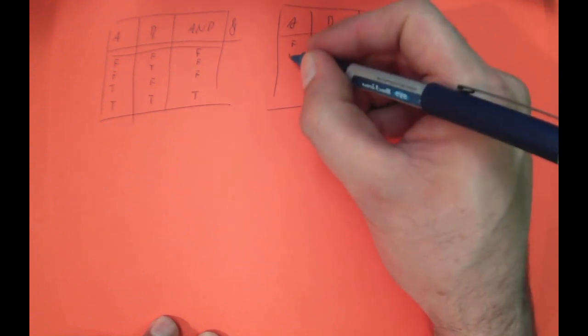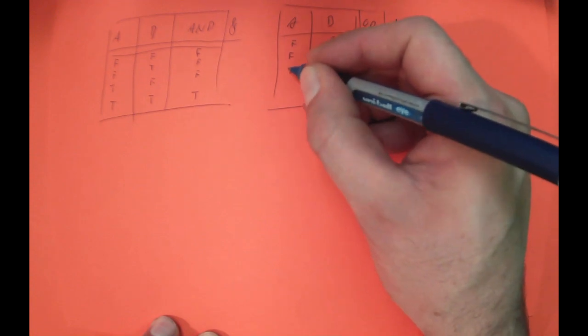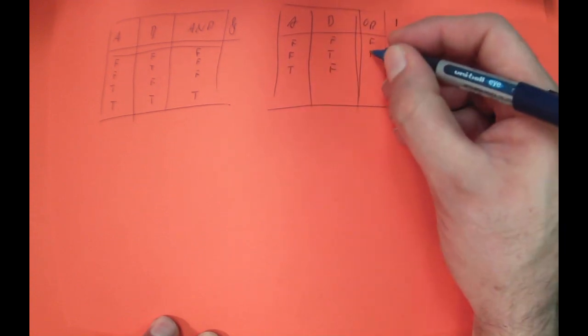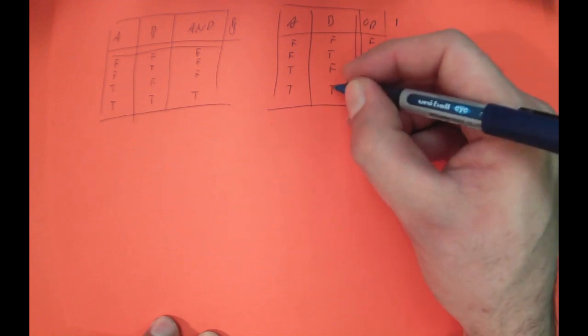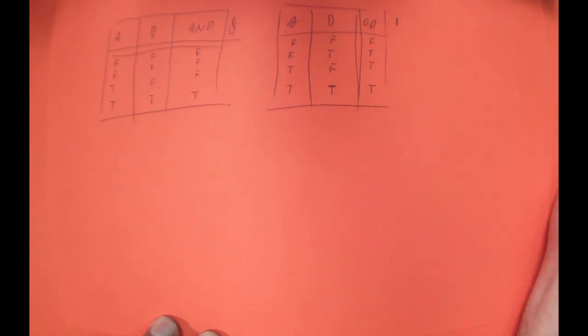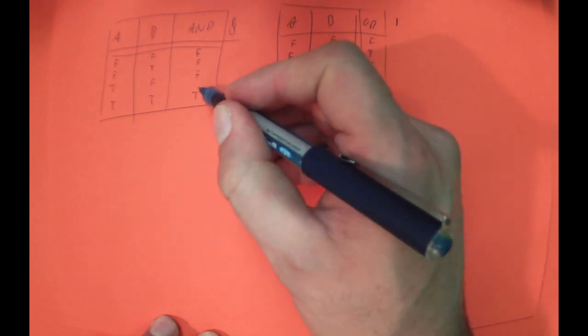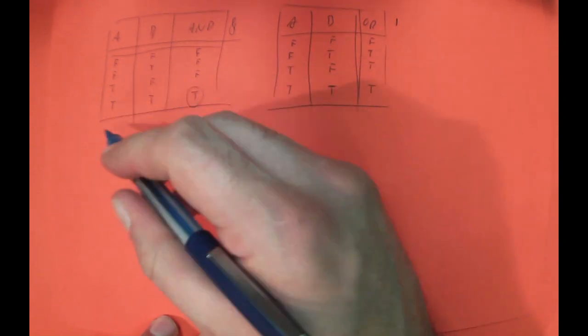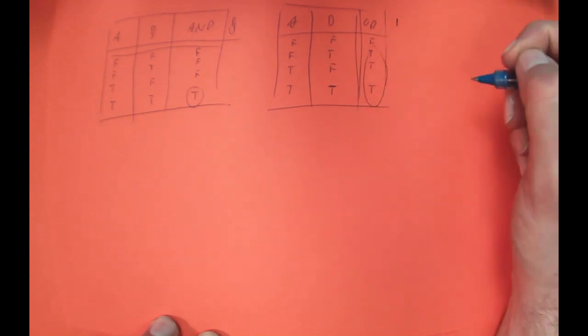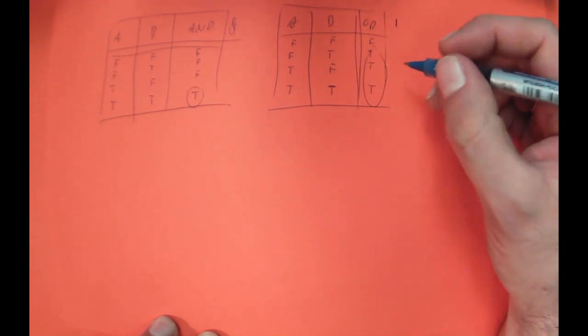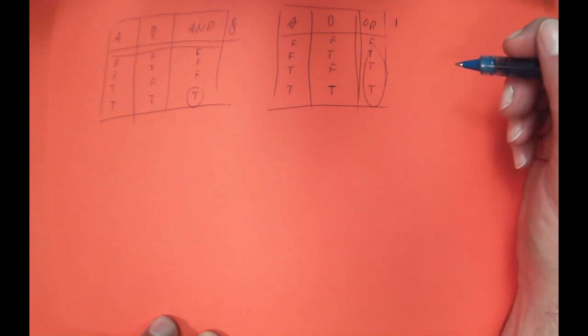But if one of the inputs is true, then the or is also true, even, or especially, if both are true. So the and is only true if both are true. The or is already true, so the combination of the or is true if both are true.